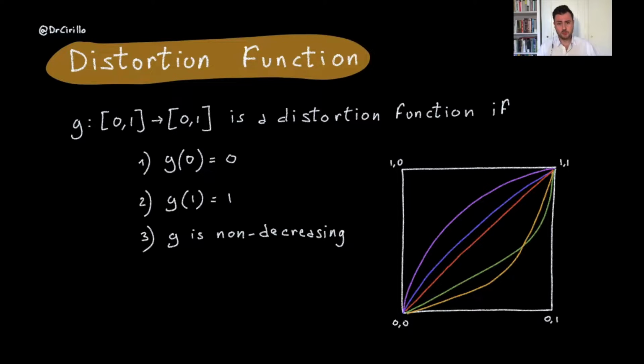g of 0, so the function in 0, is equal to 0, g of 1 is equal to 1, and the function is non-decreasing. So it starts in 0 and then it grows towards 1. How it grows is not particularly relevant for us at this stage. It can be a concave function, it can be a convex function.